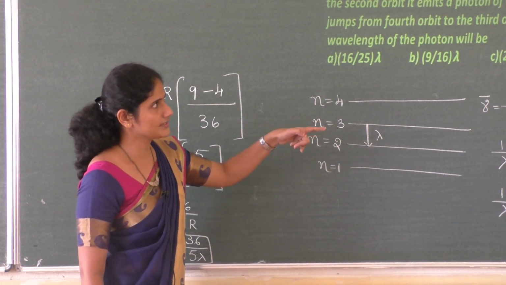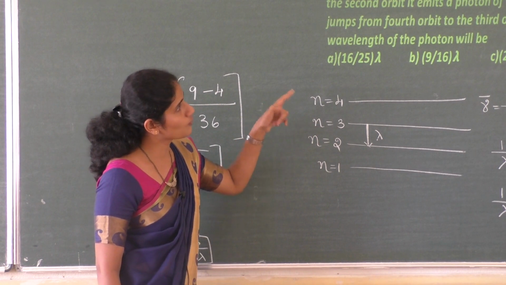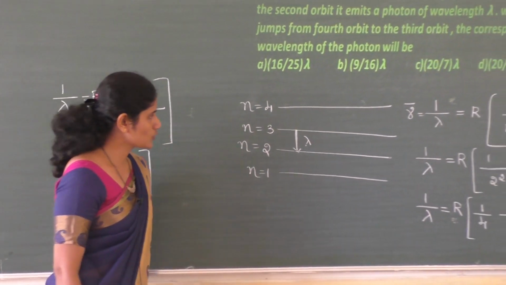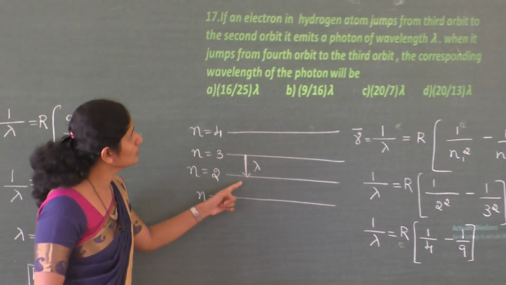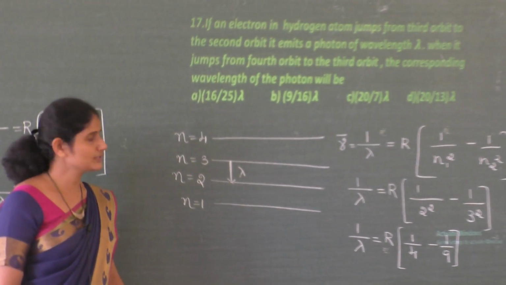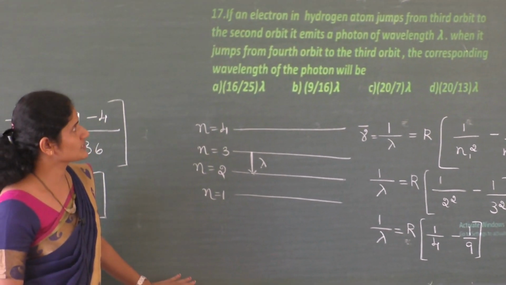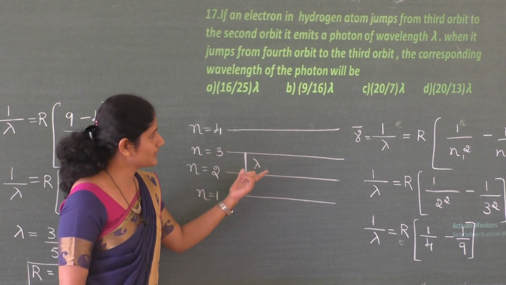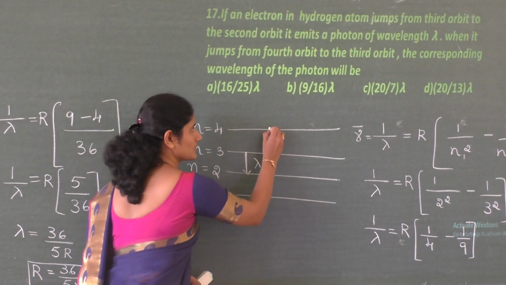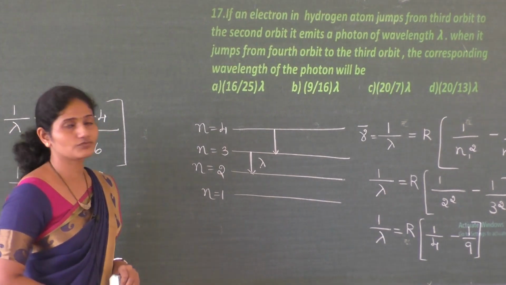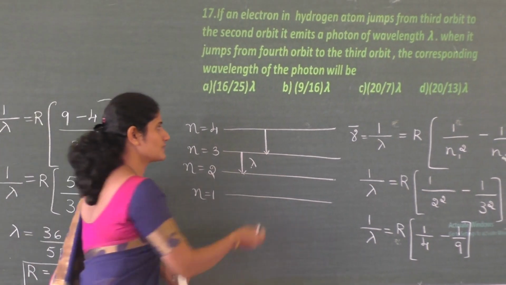In the second part, when it jumps from fourth orbit to the third orbit. When an electron jumps from third orbit to the second orbit, wavelength of the light emitted is lambda. When the same electron jumps from fourth orbit to the third orbit, from 4 to 3, what is the corresponding wavelength of the photon?